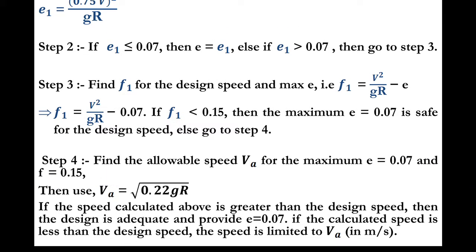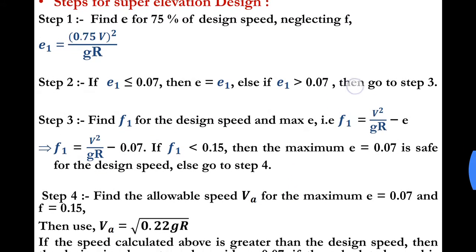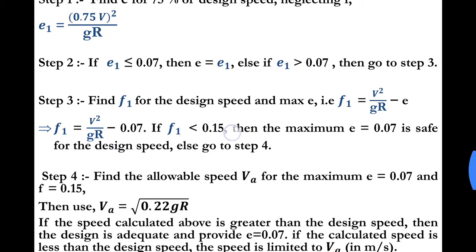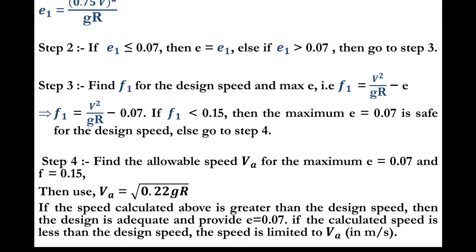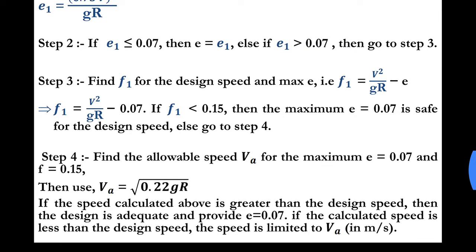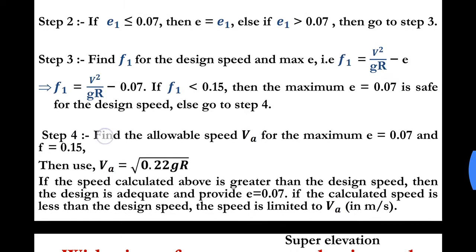Since the maximum value of E that we can provide is 0.07 and the maximum F value is 0.15, and our design could not satisfy both these conditions and we cannot exceed values greater than 0.07 or 0.15, we need to restrict the speed for this particular condition. Then we move on to step 4.